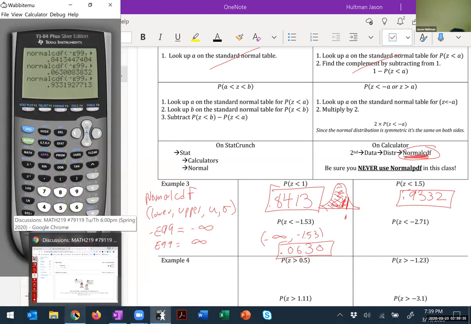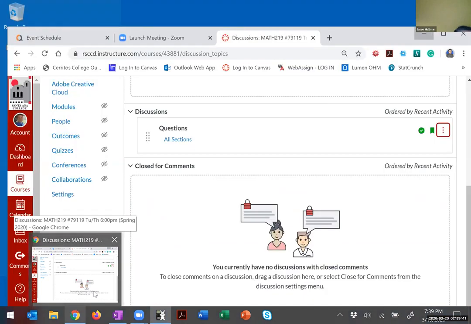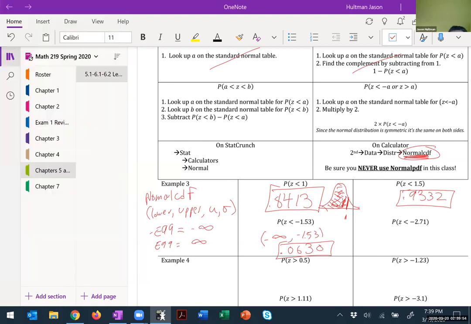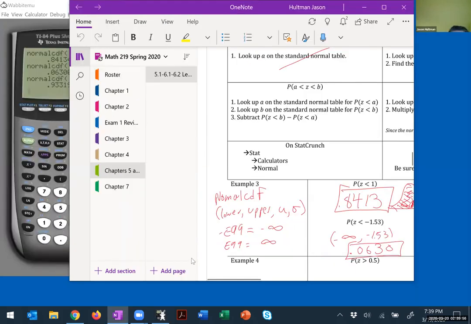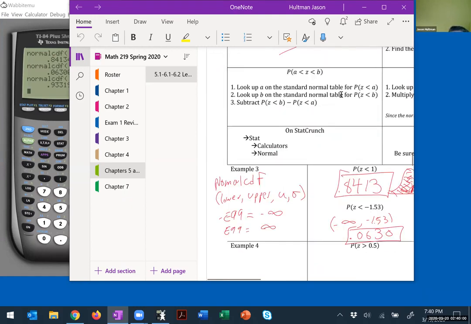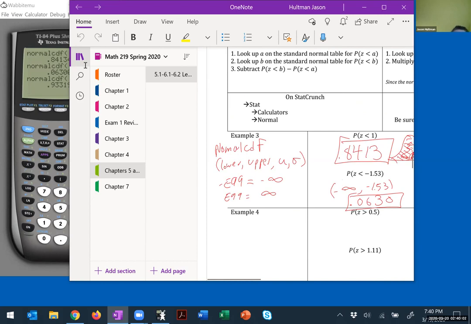Okay, the 30, no, but the 36, I believe you can. Let me try to restore this down here.